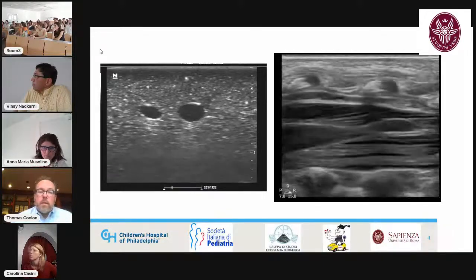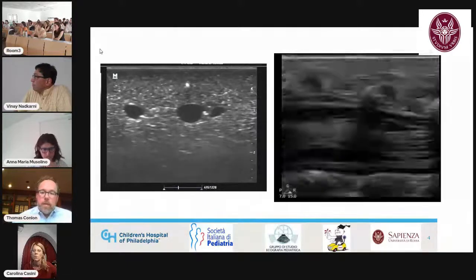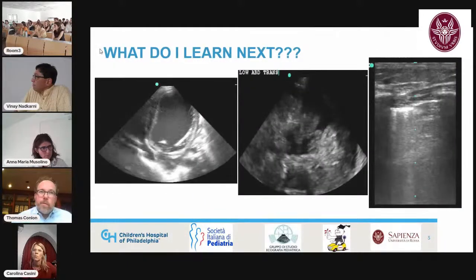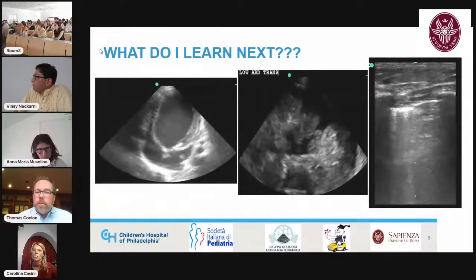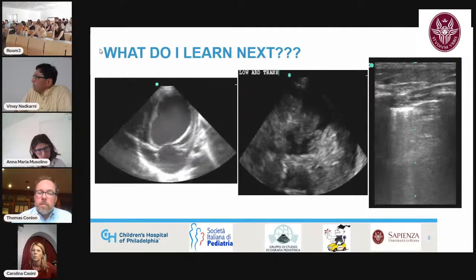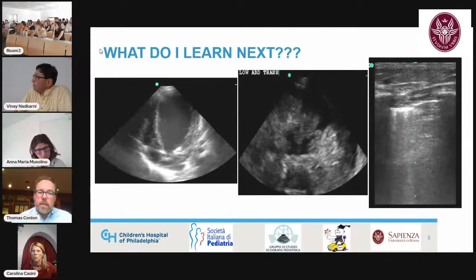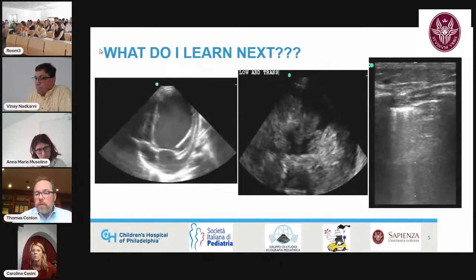So many of us start ultrasound with procedural applications, but we learn that once you understand procedural applications, we want to learn more about diagnostic applications. We want to be able to see the heart because so many of our children present with pathophysiologic processes in their hemodynamics.